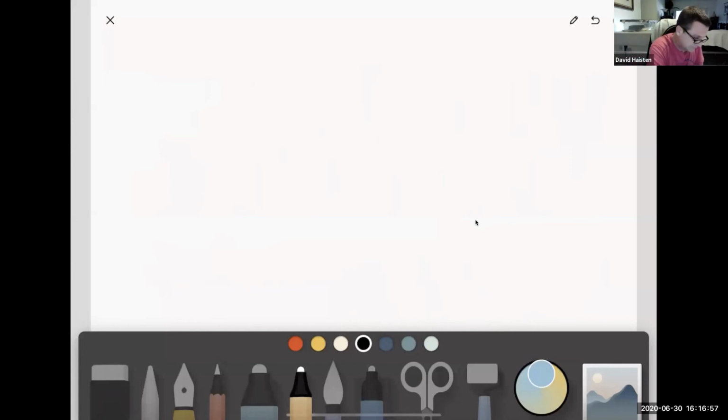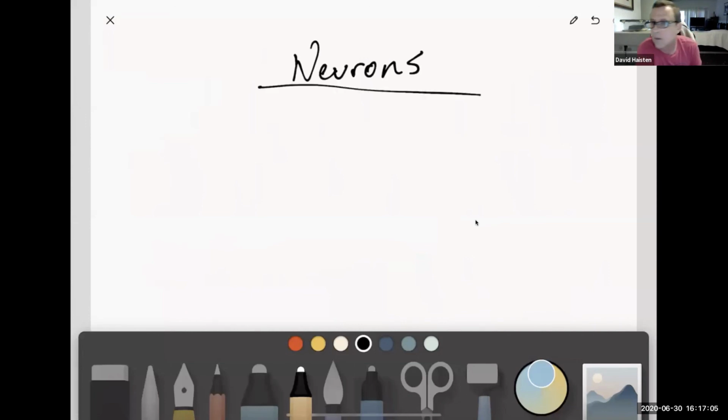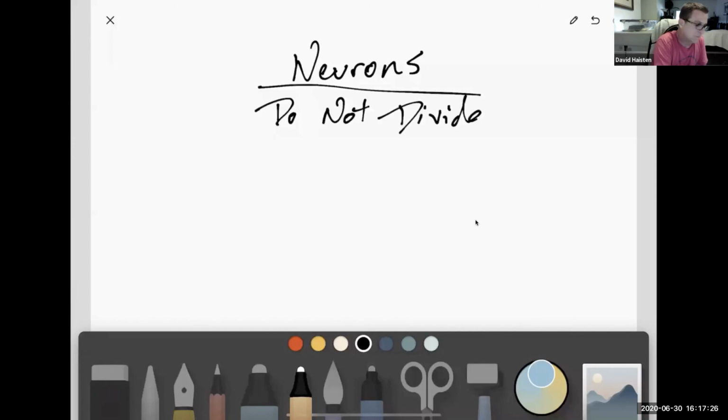Okay, neurons. Do not divide. Once you're fully developed, that's it. You have the neurons you have, and you're not getting any more. Do you want to go unconscious at the bottom of the pool for X number of minutes? No, you don't.